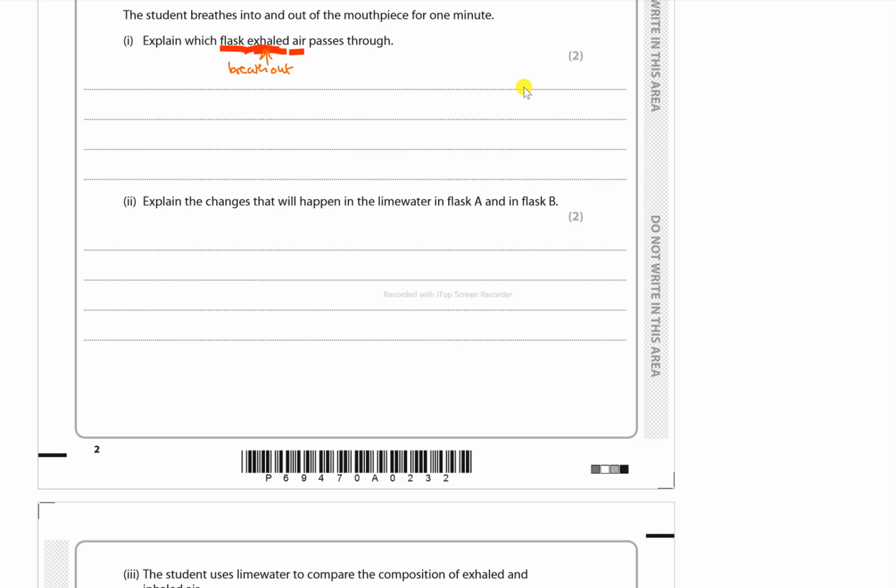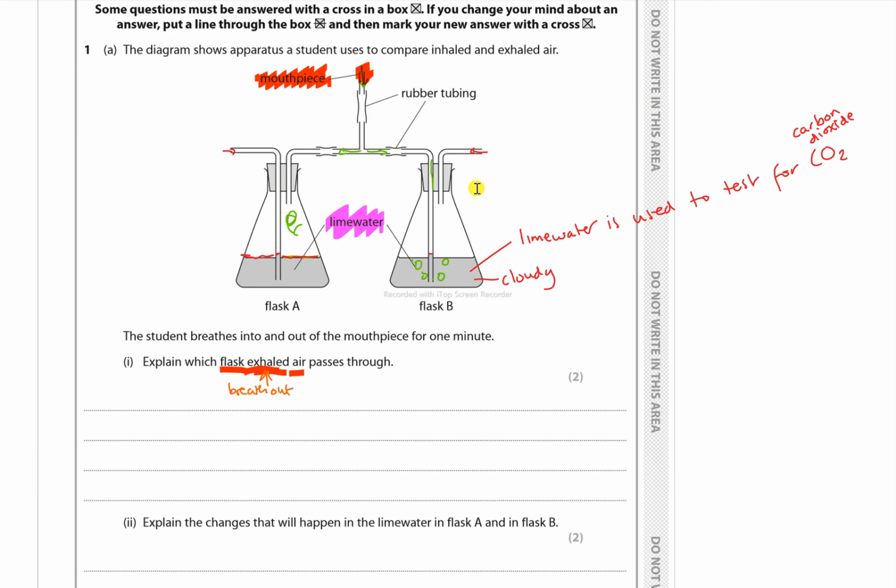So what's going to happen is air's gonna come out here, and it's gonna go down here, and it's gonna stay in this area here. Whilst here it'll be forced through as bubbles, like we said earlier.